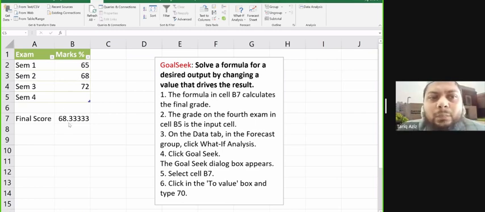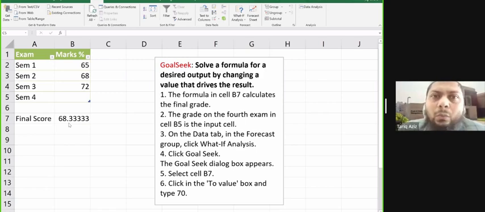Now he wants to know how much he should score in the fourth semester so that his average score, his final score, is 70%. So this is the problem.